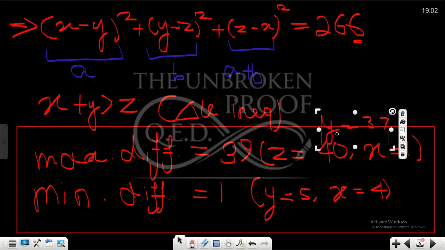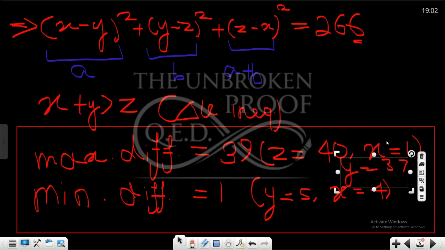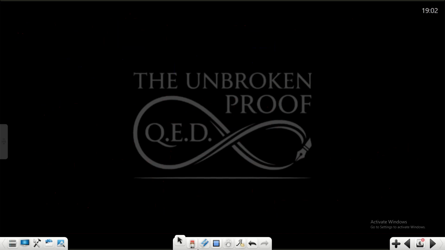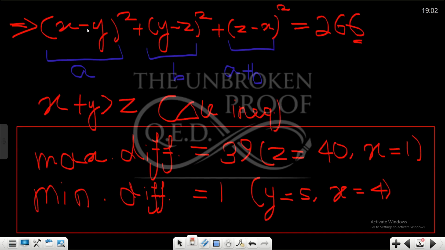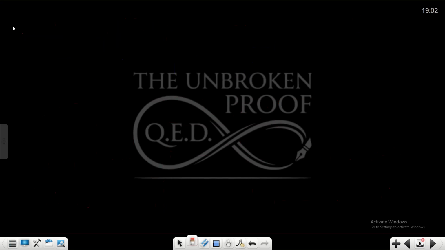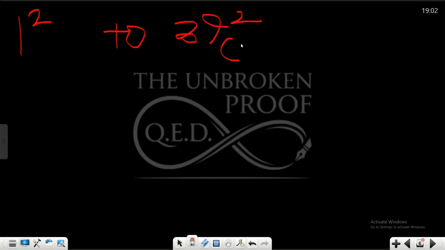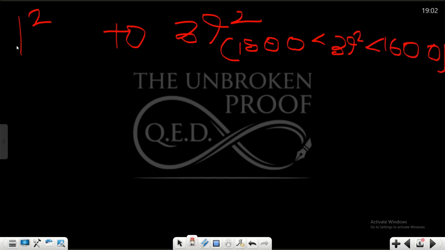So let us go through it. Now if you see, the sum of squares is giving you 266, right? If you look at all squares from 1 square up to 39 square, definitely this is not possible, because this is greater than 1500 but less than 1600. So that's why we are not going to take all differences from 1 square to z square.